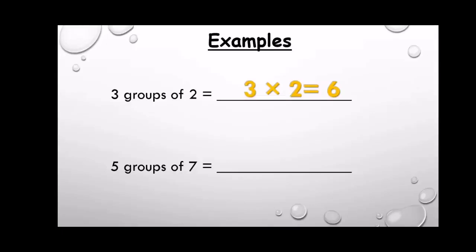So let's discuss how we can represent it. 5 groups of 7 equals 5 times 7. 5 multiplied by 7 equals 35. So what will be the representation for 2 groups of 4? 2 groups of 4 equals 2 multiplied by 4, which gives the answer as 8.